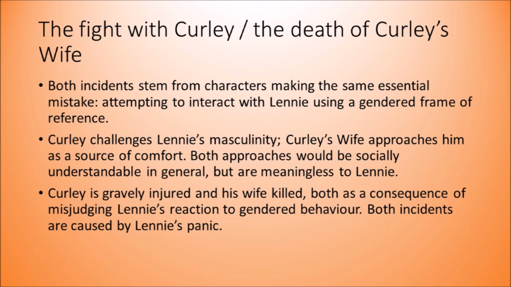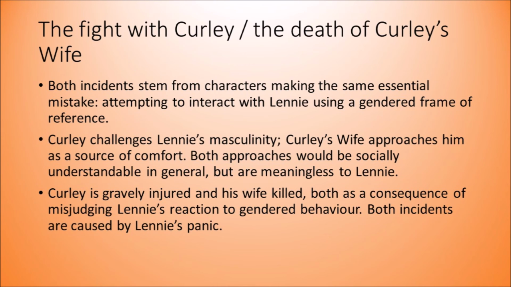And the end result of this is the injury to Curly's hand and the death of his wife. And I'm combining both incidents together here because I think they have a common root. They come about because characters try to interact with Lennie using gendered stereotypes and a gendered frame of reference that is not appropriate.